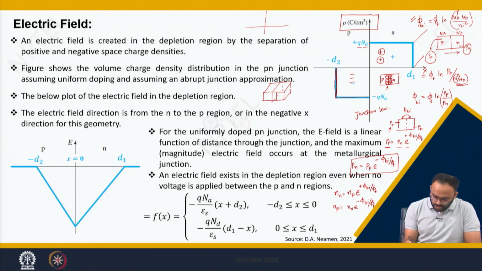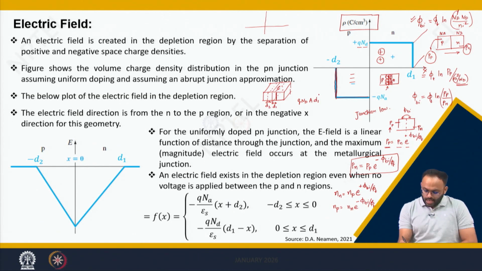Here we are talking about the depletion region thickness, which is D1 in the N side and D2 in the P side. So the total charge in this strip is Q into Nd into A into D1.